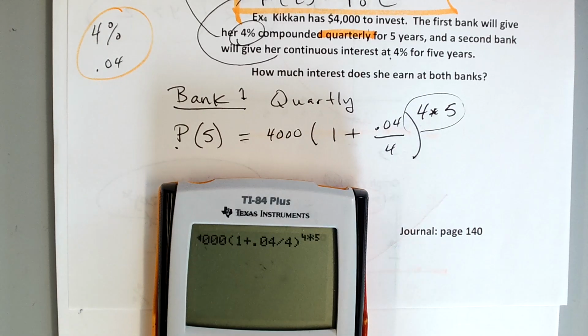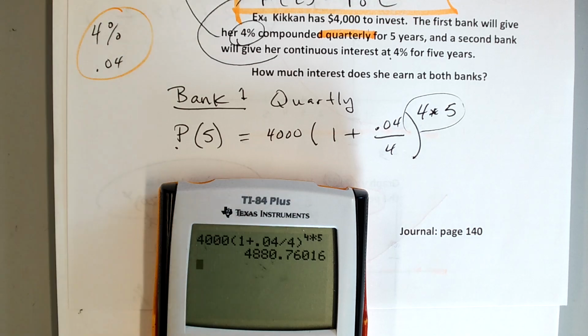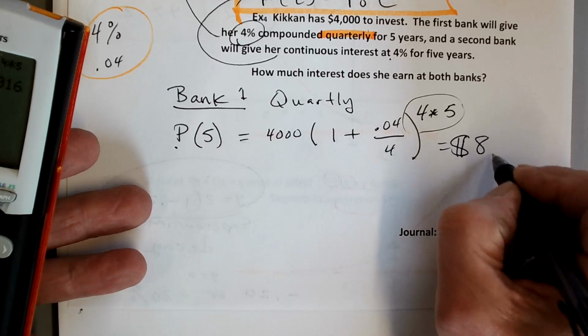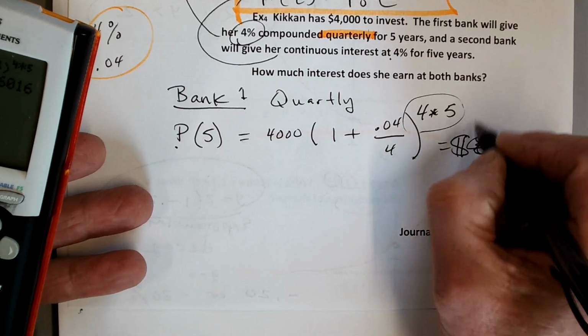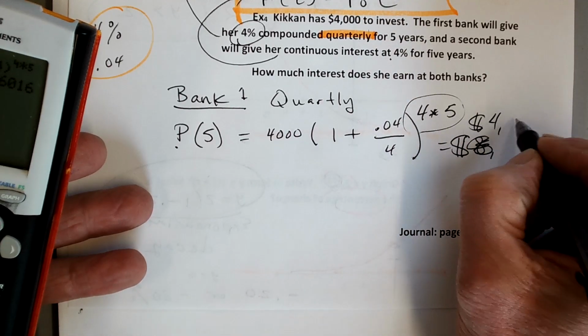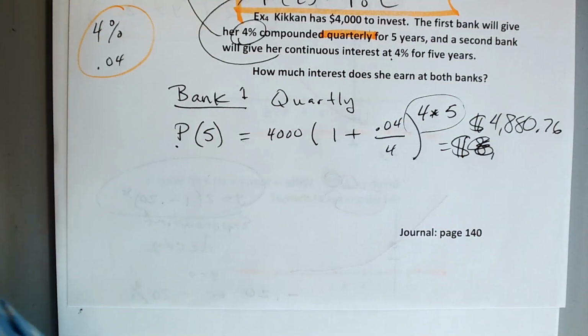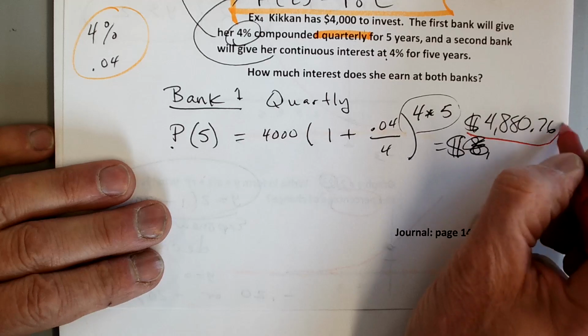All right, enter. So she made about $880. So her total amount in the bank is going to be about 8,000. Oh, I'm sorry, my bad. $4,880 and about 76 cents. Okay.